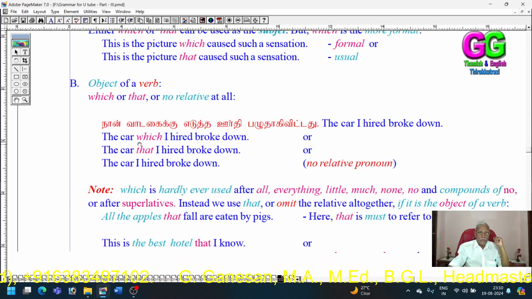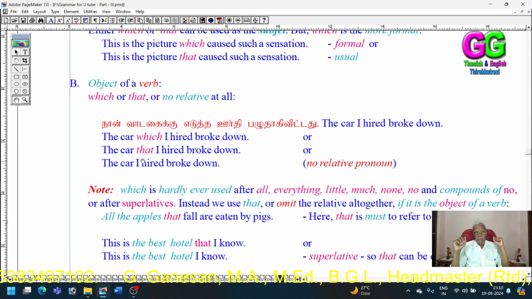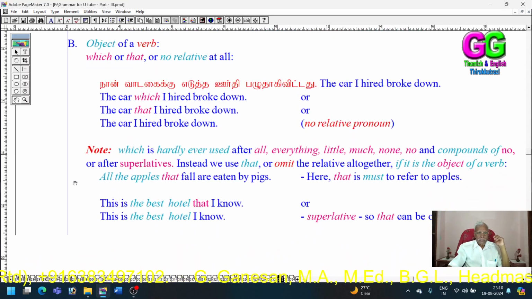And also without which and that, without the object which and that, we can frame the sentence: the car I hired broke down. All these three sentences give the same meaning.